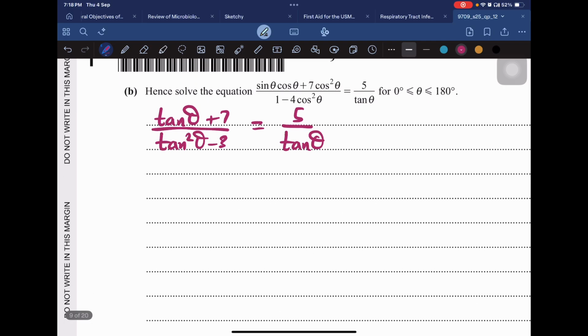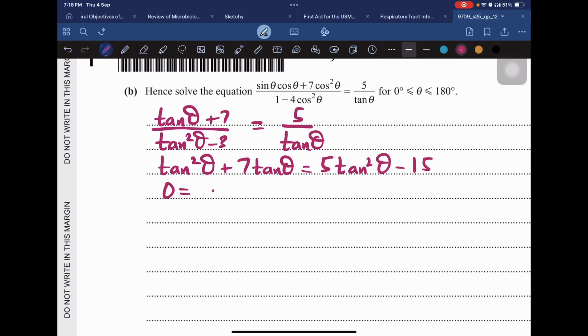Let's simplify this. Cross multiplying, so we get tan square theta plus 7 tan theta equals 5 tan square theta minus 15. Moving everything to the right, 5 tan square theta minus tan square theta will be 4 tan square theta, minus 7 tan theta minus 15.